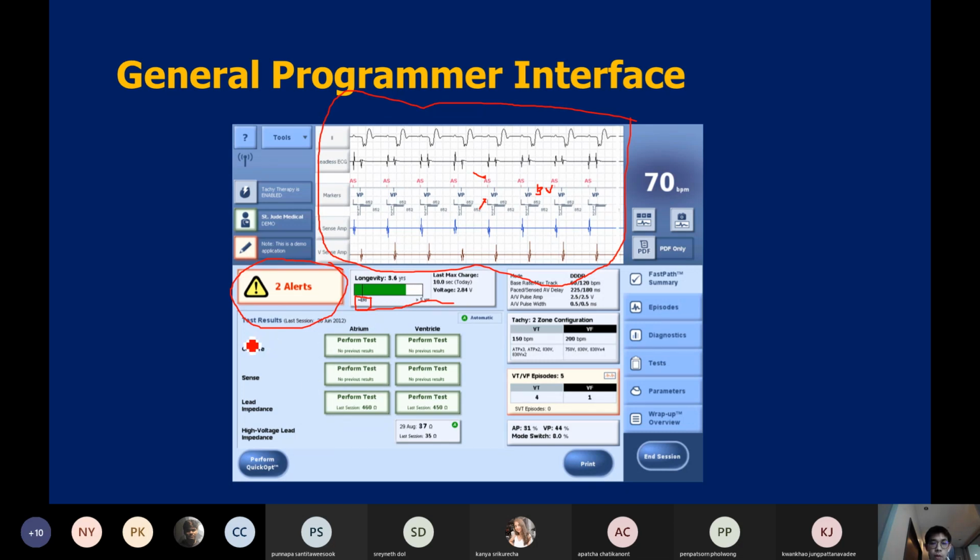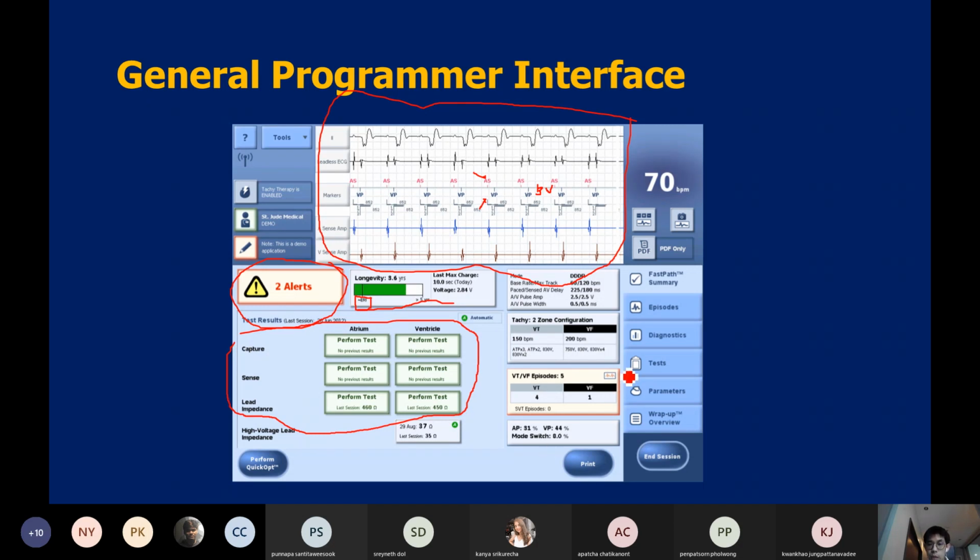And this one here, you use when you perform tests involving capture threshold, sensing threshold, sensing value, and lead impedance to see if there is something wrong. You see the trend from the last follow-up and compare it to the test in this follow-up.